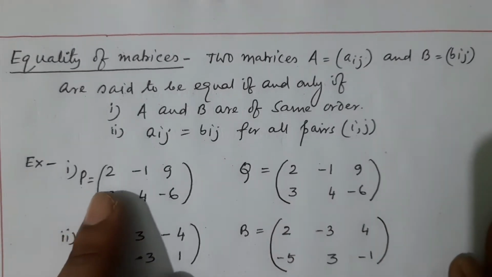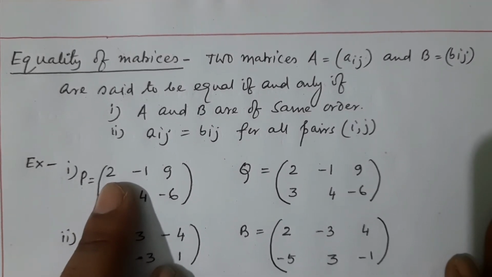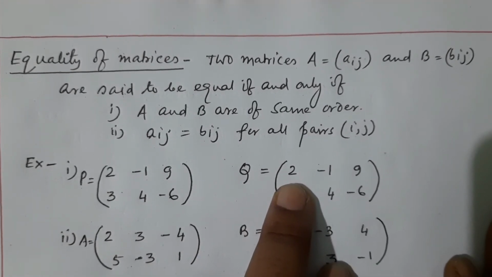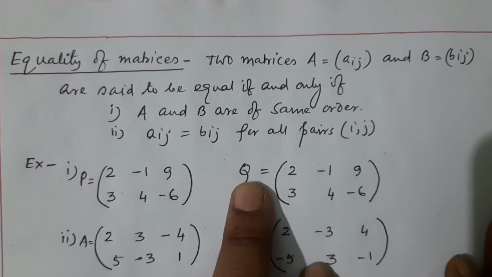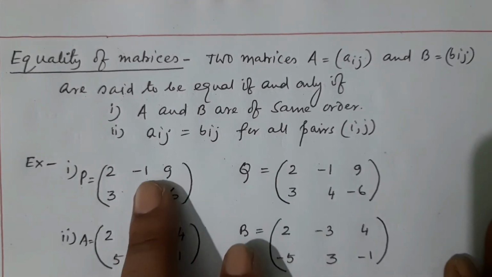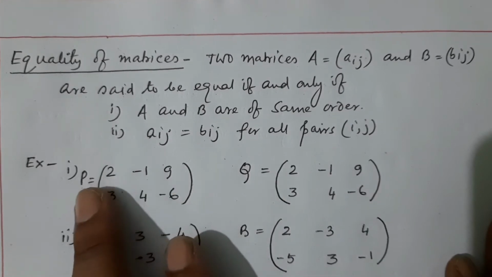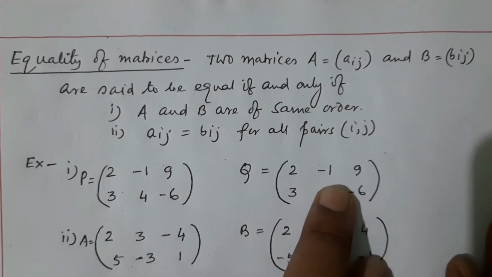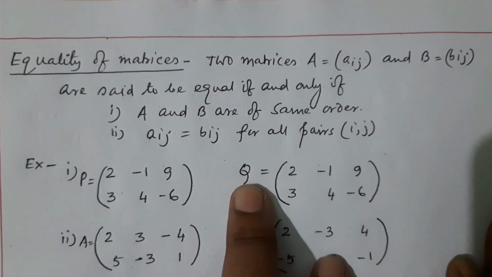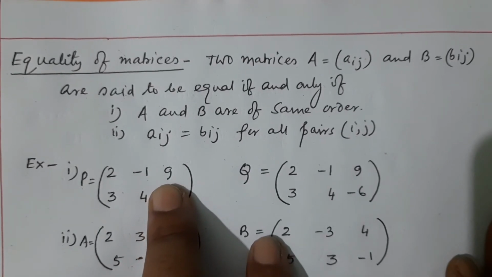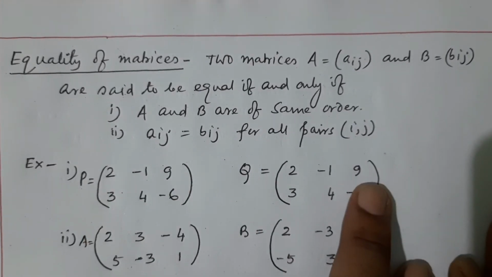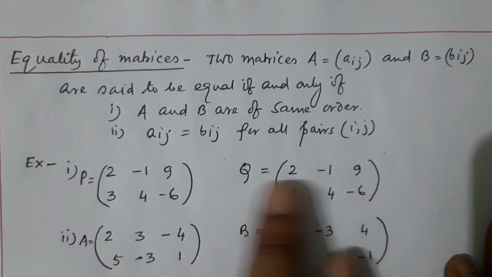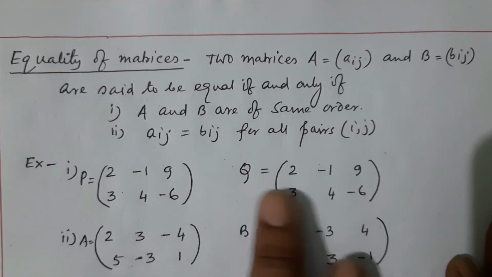Here the first row first column element of the P matrix must be equal to the first row first column element of the matrix Q. 2 equals 2. The first row second column element of P must be equal to the first row second column element of Q. The first row third column element of P and of Q are equal. So these two matrices are said to be equal.